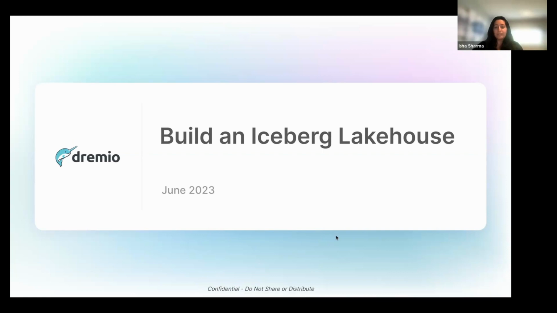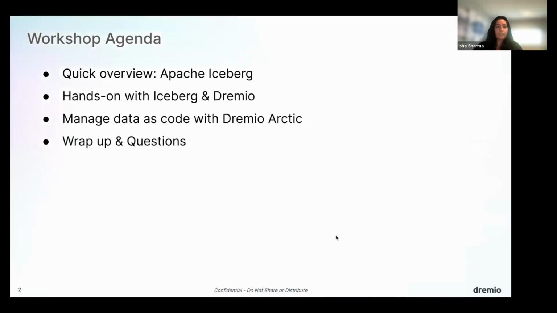Before we get into it, I'd love to give you guys a quick overview of the agenda. We'll talk about Apache Iceberg, although I'm sure a lot of you are familiar with it already, what it is and why it is. That'll be real quick. And then we'll get on to the hands-on aspect of this workshop on how you can quickly get to an Iceberg table with Dremio, and how you accelerate your queries and workloads, and how you pretty much close out building out that data product.